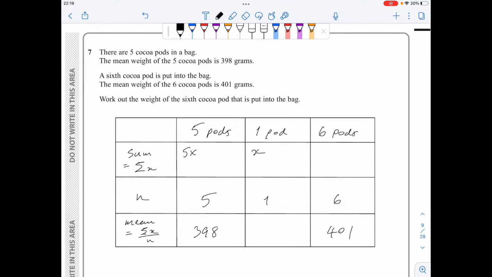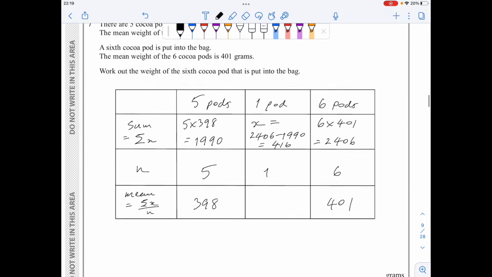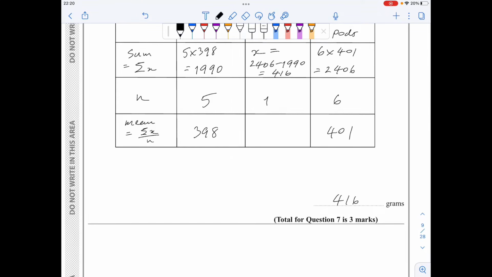So 5 times 398 is equal to 1990. Similarly, 6 times 401 is equal to 2406. So my x value is equal to 2406 minus 1990, and this will give me 416, which is my final answer.